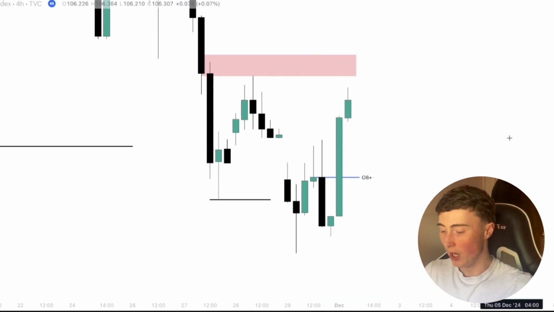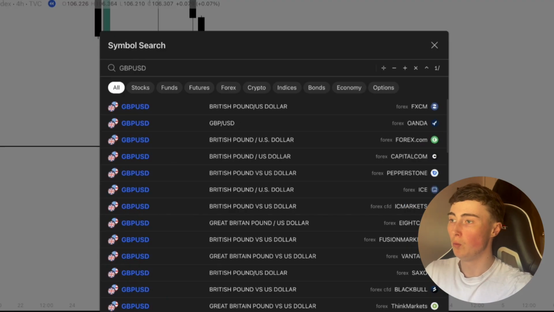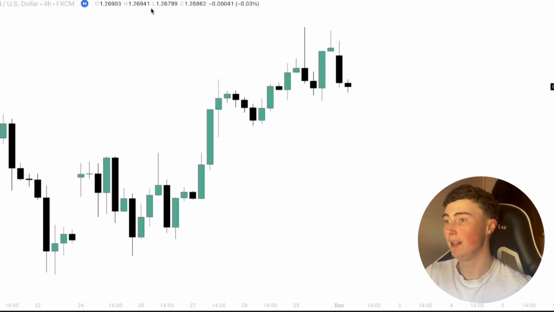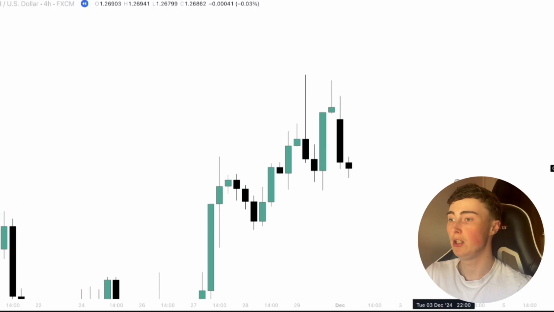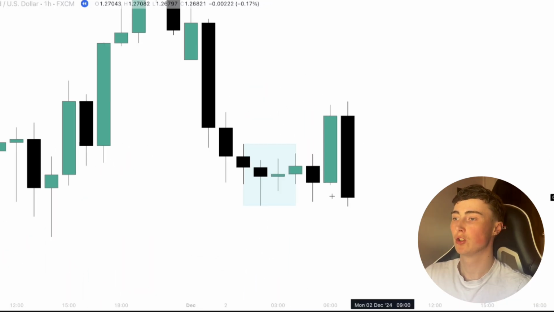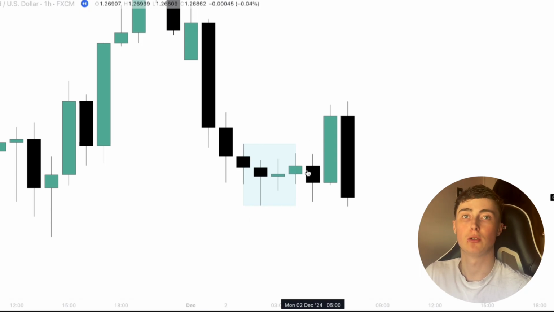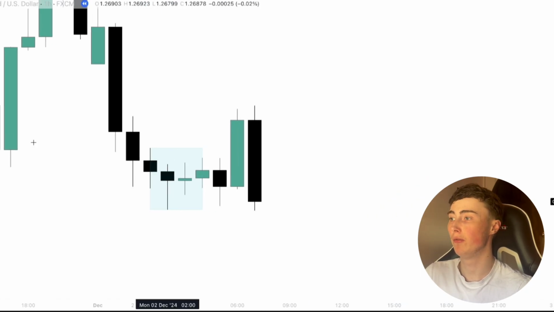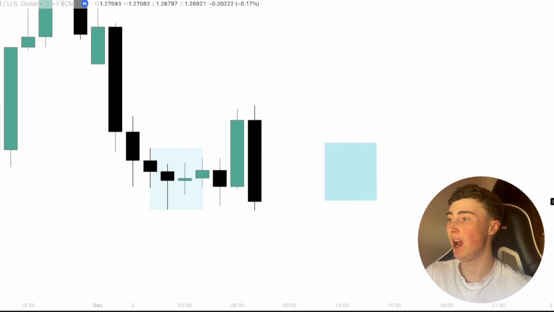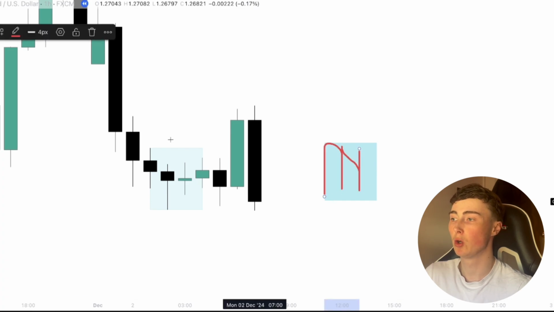Now, you may know that I correlate my DXY moves with Euro USD and GBP USD. So now we're going to go ahead and look at the GBP USD trade in correlation with this, which was actually a sell. So this blue box down here is Asia kill zone. And one of the daily cycles I look for is called London protraction, which essentially is where Asia consolidates, moves sideways and builds up some kind of liquidity.